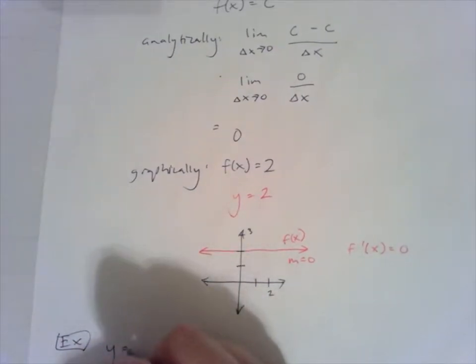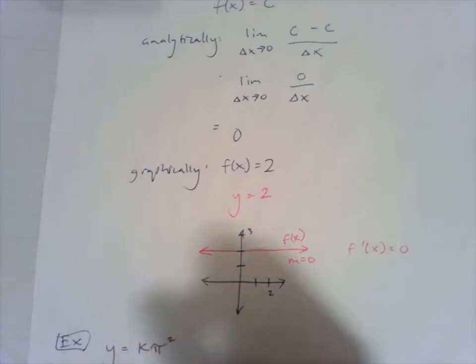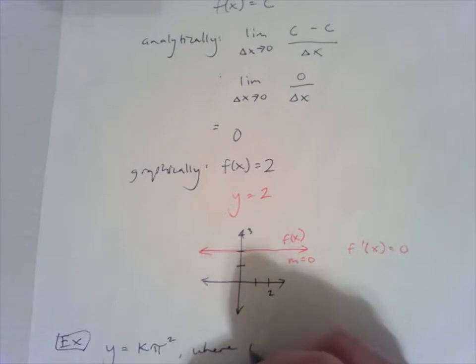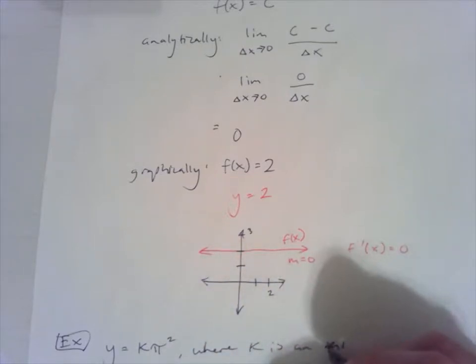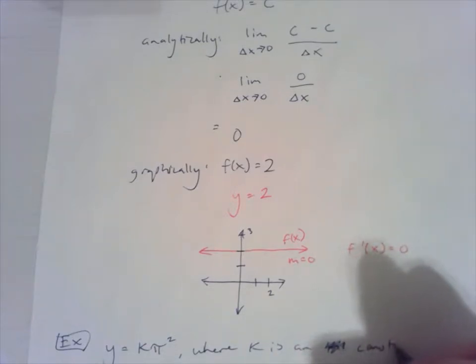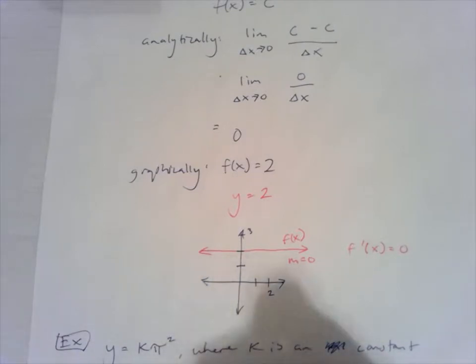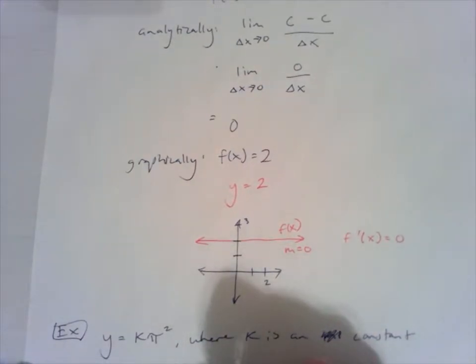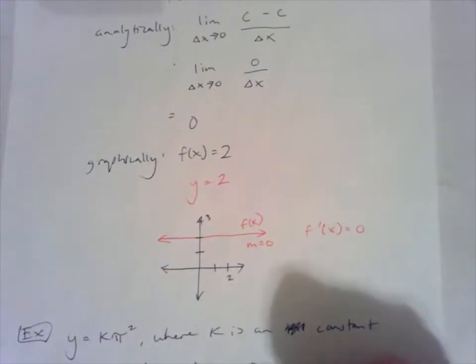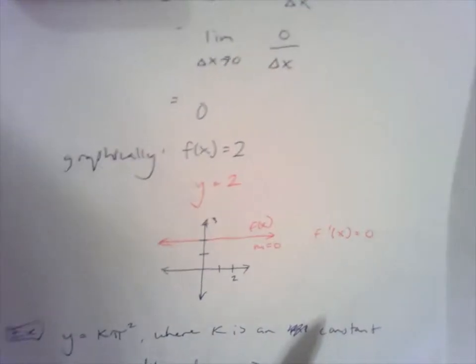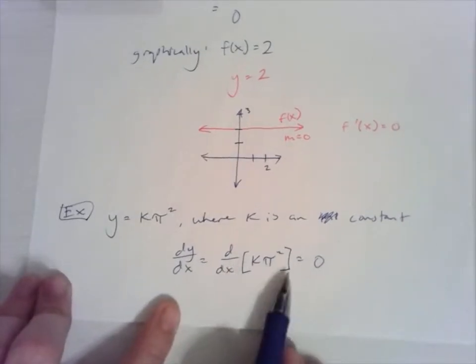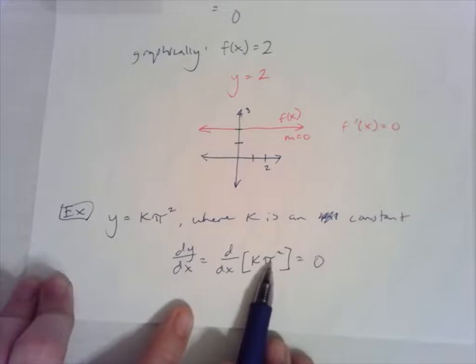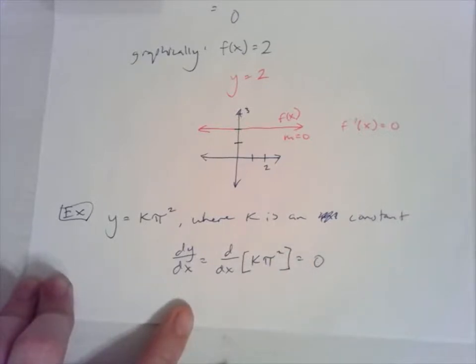If we were asked y equals k pi squared, where k is a constant, then if we were to take the derivative dy over dx, which we could simplify as d over dx of our function, it would just end up being 0, given we are taking the derivative of a constant value, and we know pi is also a constant, and our graph would have a horizontal line, which would be a slope of 0.